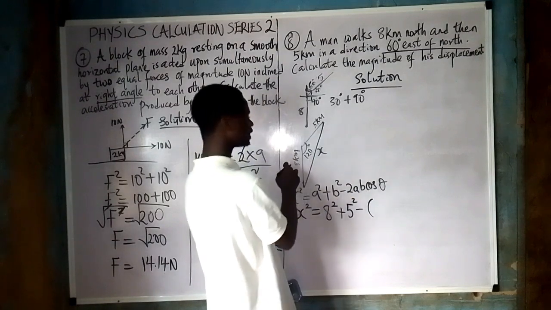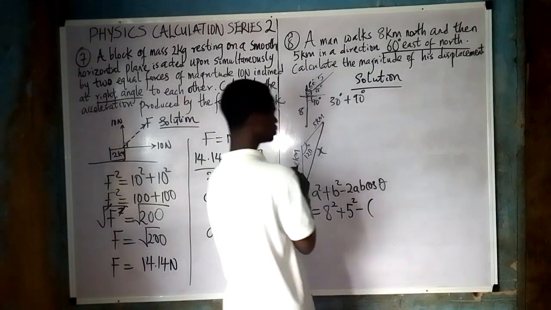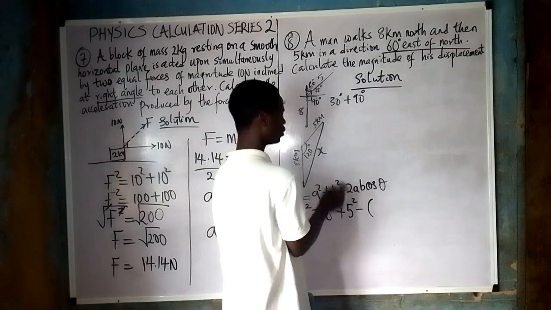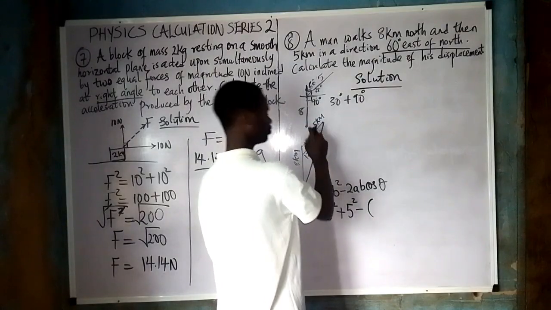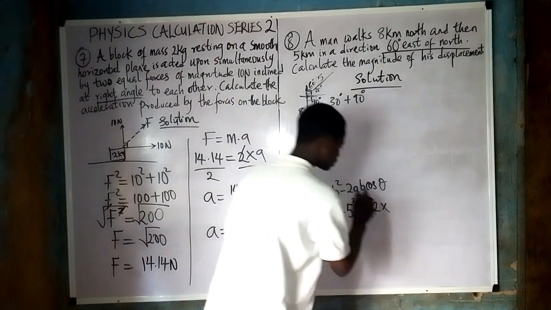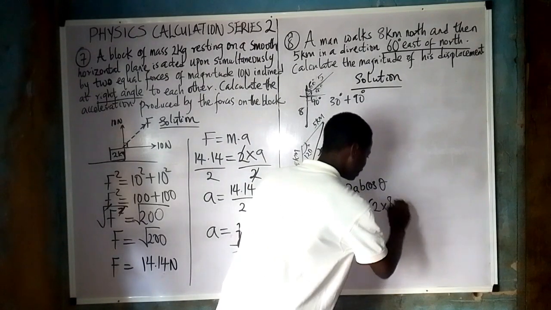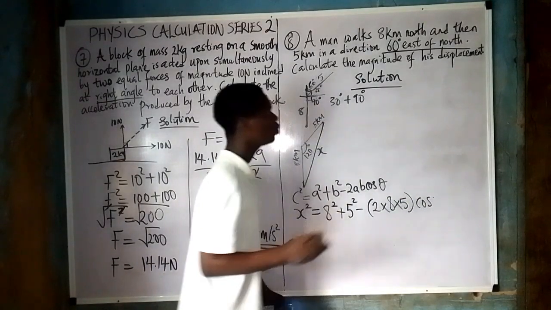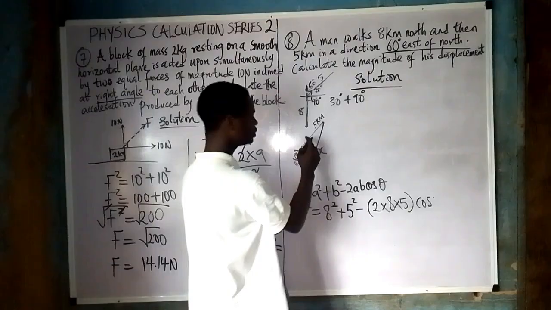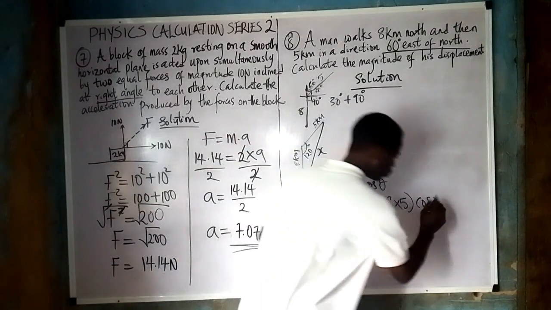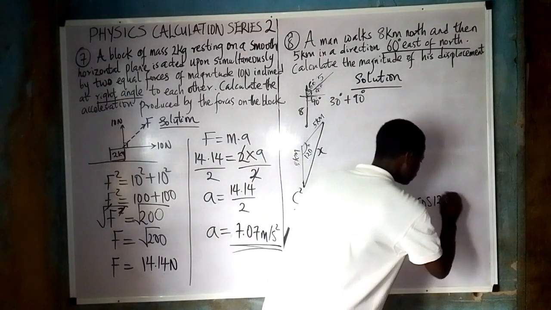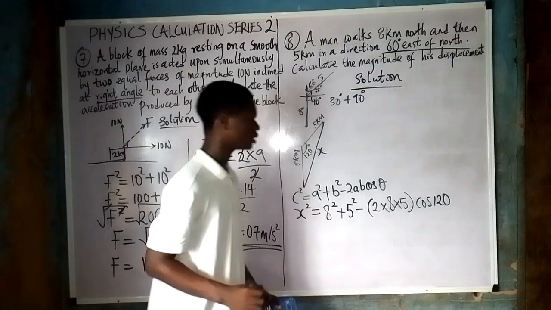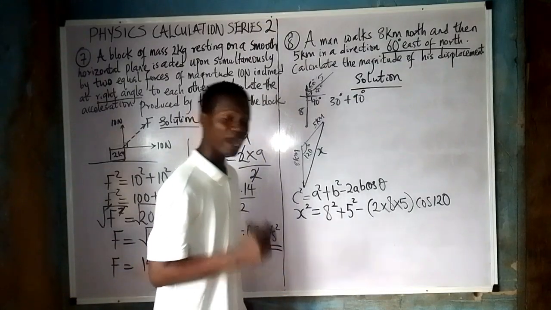This is our a, this is our b. So we say 2 times 8 times 5, then cos, mind you, the angle between these two sides is 120. So we are saying cos 120. Are you seeing that?